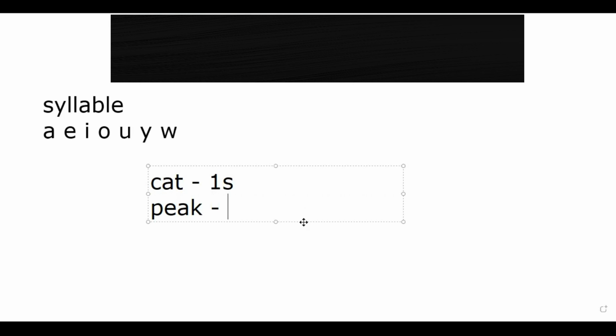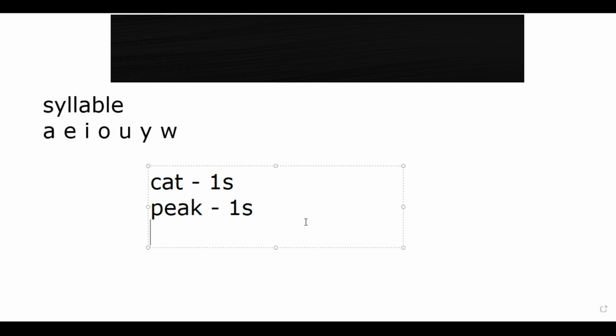Even though there are 2 vowels, how many vowel sounds can we hear in the word? E. E is 1 vowel sound. So the word is with 1 syllable. So what we should not do is count how many vowels are there in a word. We have to check how many vowel sounds we are hearing in the word.